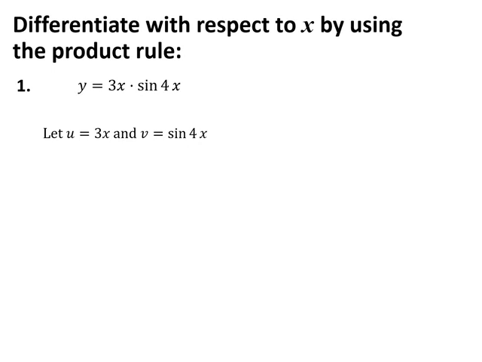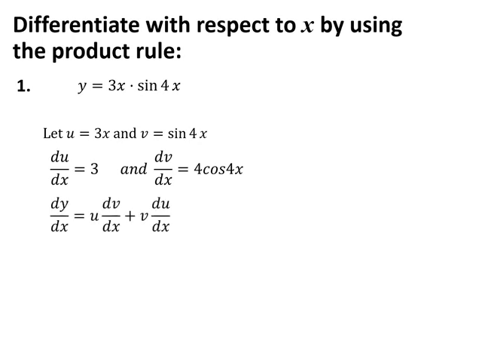But from the product rule, you know you are going to need derivatives of these two functions. So you are going to find the derivative of u with respect to x, that is du dx, which gives us 3. The derivative of 3x is 3. And also the derivative of v, if you differentiate sine 4x, you are going to use the chain rule here. dv over dx is 4 multiplied by cos 4x.